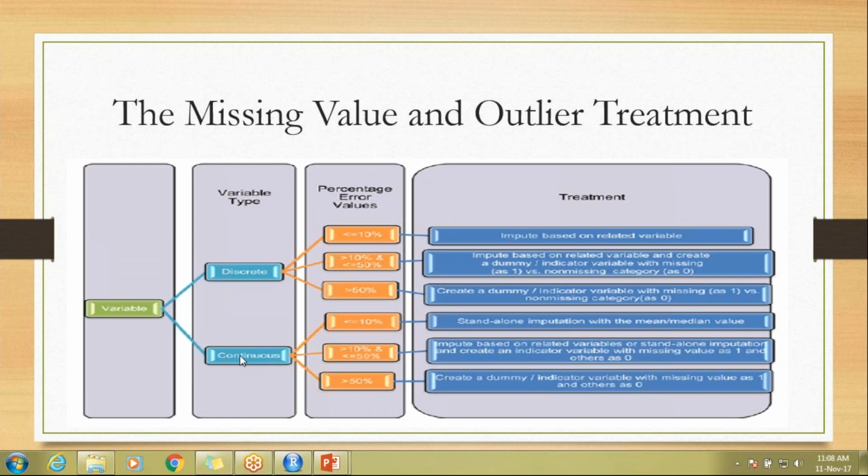So here, as I said, for continuous variables, and also there were a few cases, for example in gender, there were some missing values in the data which I was working with. There, what happened is, I had the name of the person, but the gender was missing.